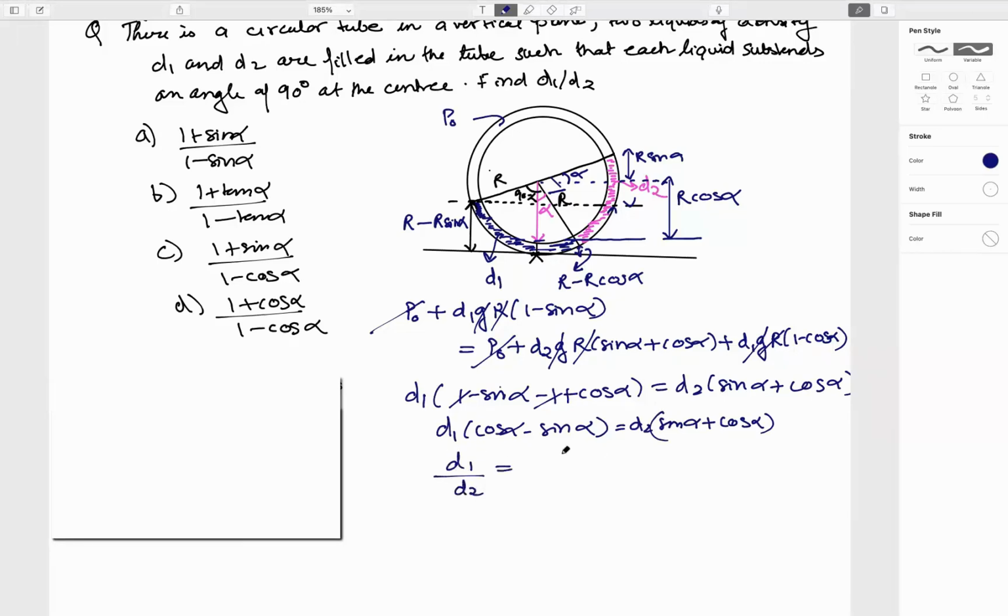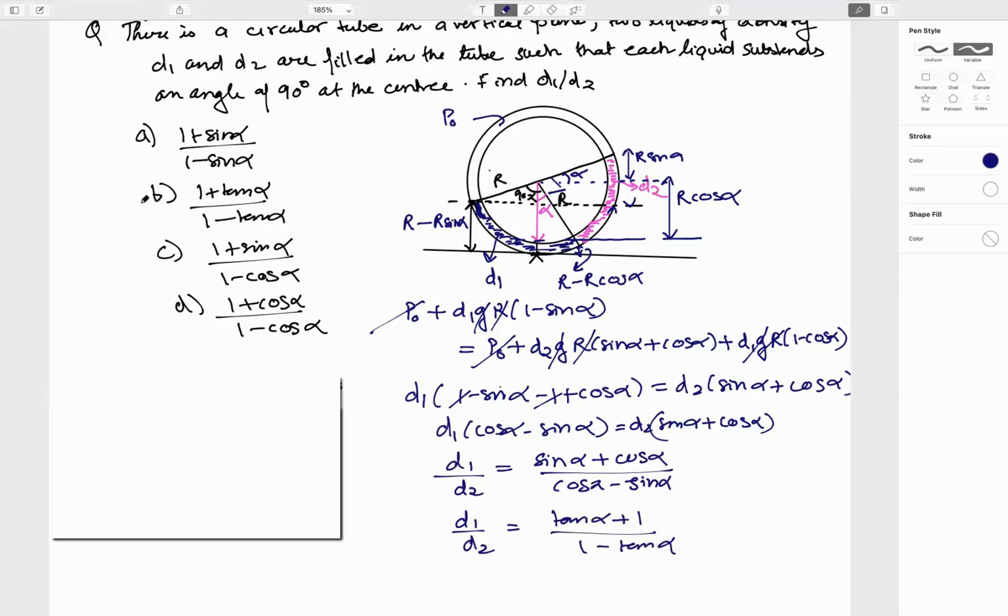That comes out to be sin alpha plus cos alpha divided by cos alpha minus sin alpha. So there is only tan term needed, so let's divide it by cos alpha. D1 by D2 comes out to be tan alpha plus 1 upon 1 minus tan alpha.